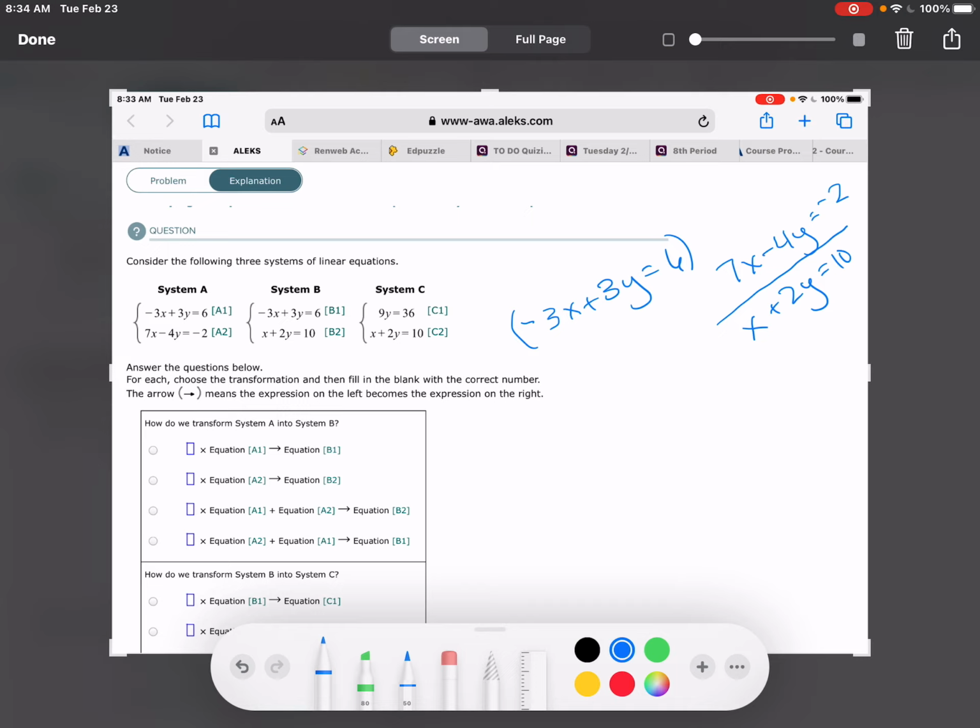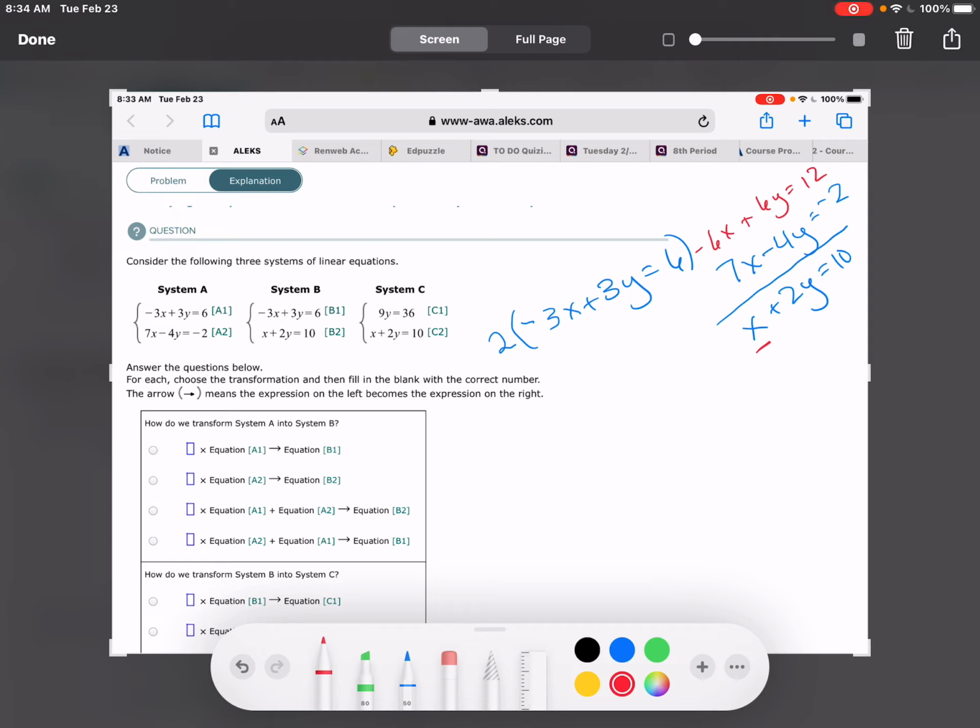So we could multiply this equation by 2, and then we would have negative 6x plus 6y equals 12. And notice that if we added these together, we would get this.